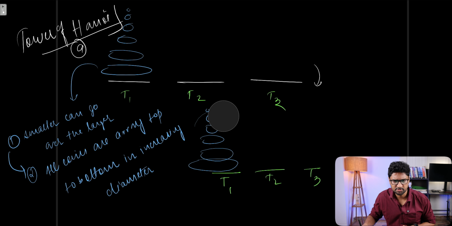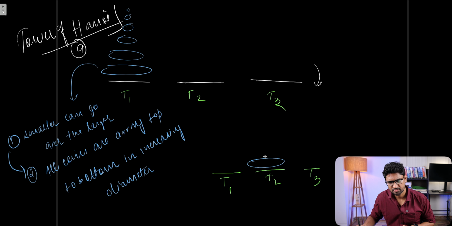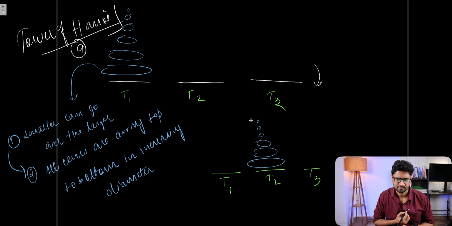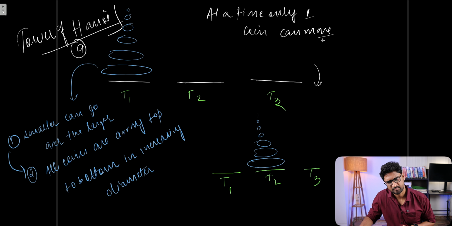So now nothing should be left on T1 and all the coins should have moved to T2 like this. In order to do this, there's another constraint: at a time only one coin can move.